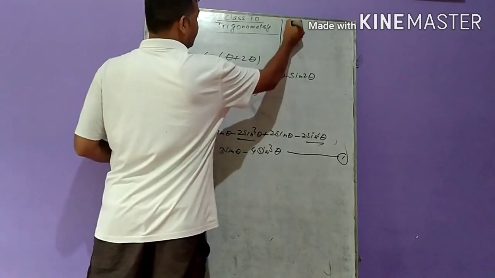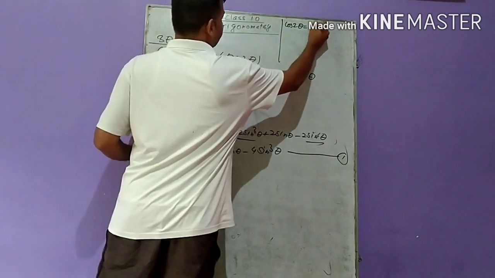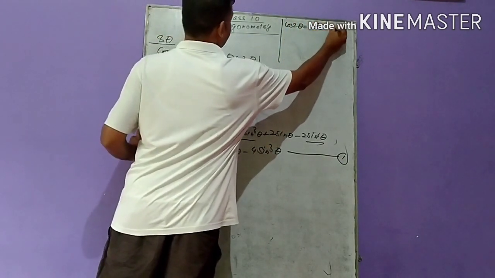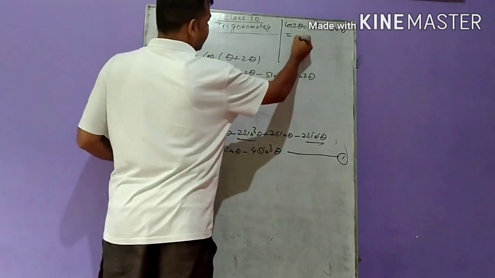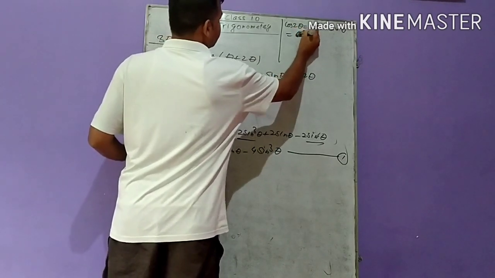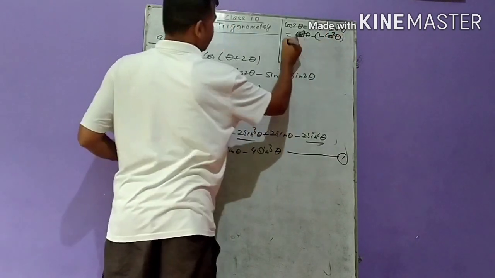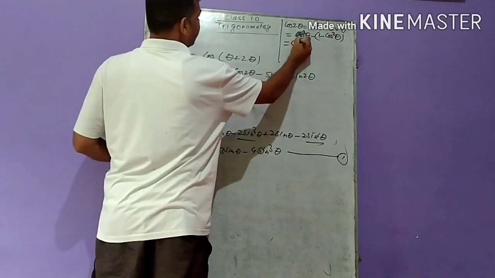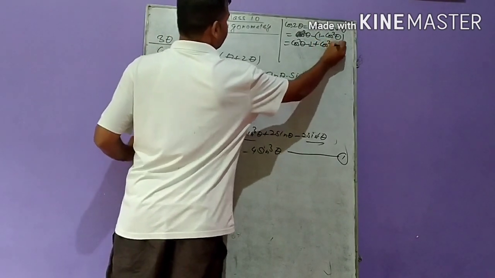We have already derived that cos 2 theta means cos square theta minus sin square theta. In the place of sin square theta, we can write 1 minus cos square theta. And here we can write cos square theta minus 1 plus cos square theta.